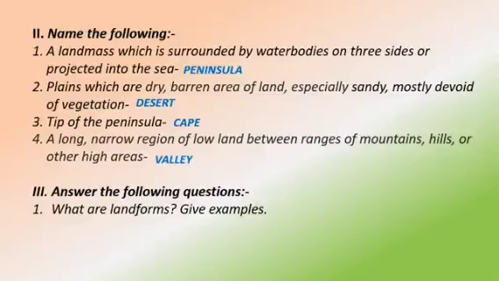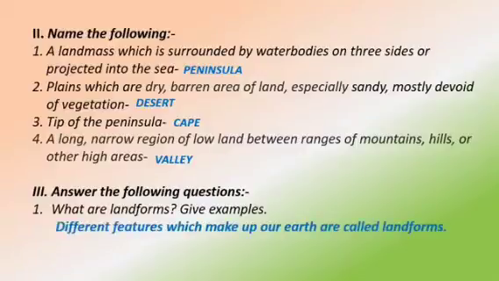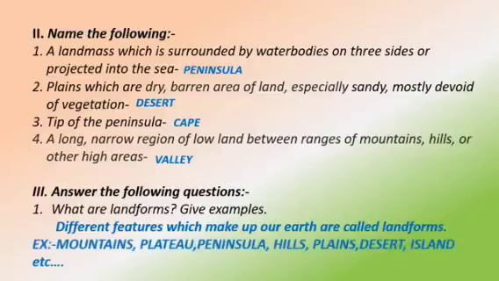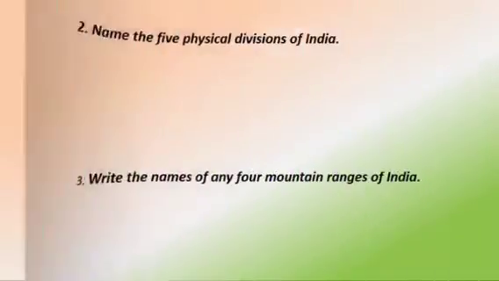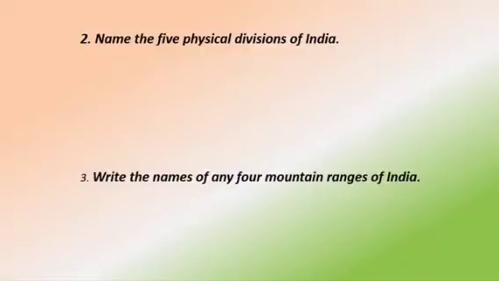Third, answer the following questions. What are landforms? Give examples. Different features which make up our earth are called landforms. Examples are mountains, plateau, peninsula, hills, plains, desert, island, etc. Question number 2.